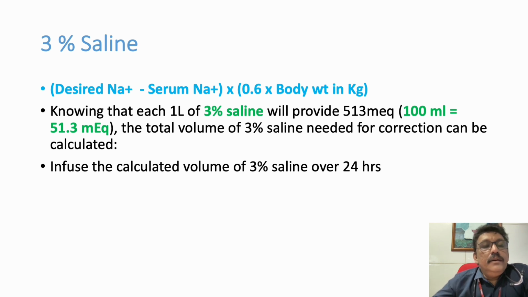That will give you the required sodium in that patient. When we get the required sodium, we can easily calculate how many bottles of 3% saline are required, and it should be given only over 24 hours. So only very slow correction is required.